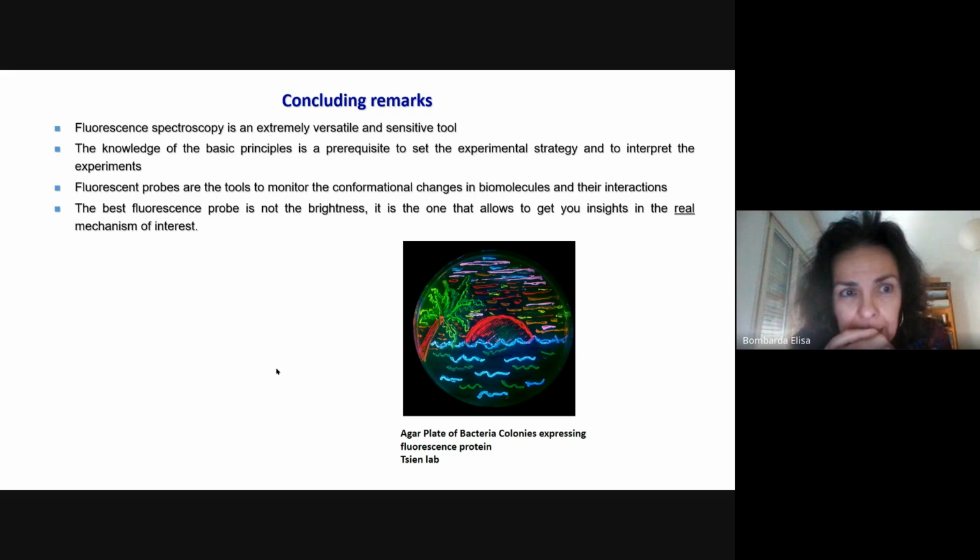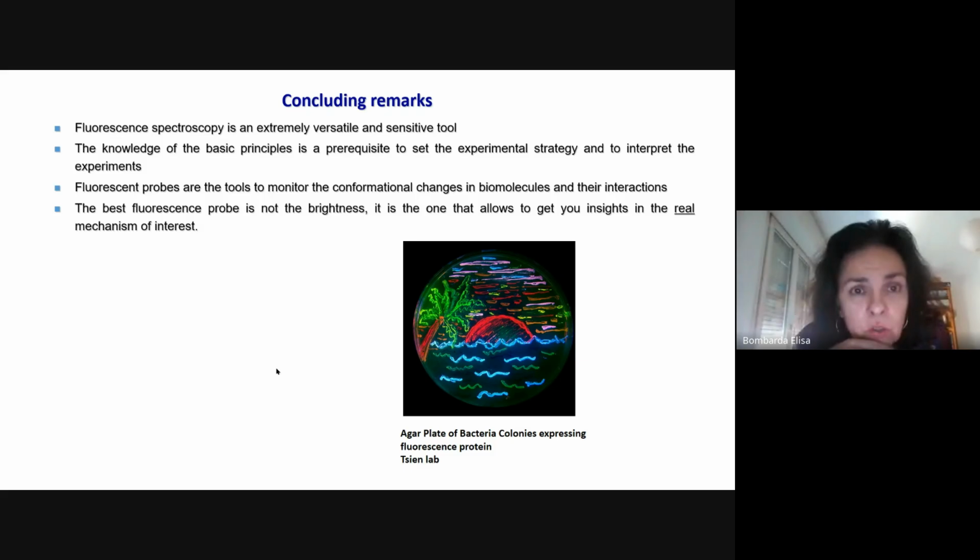And this is very sensitive, because we can work with relatively low concentrations, which are the ones that normally we have in biological processes. Sensitive because we can also reveal certain phenomena that without a signal could not be revealed.